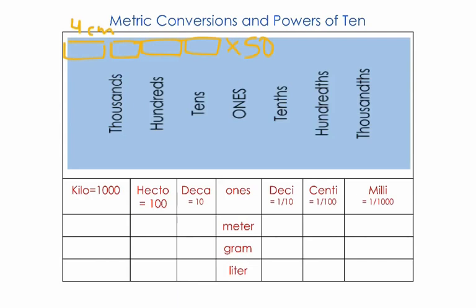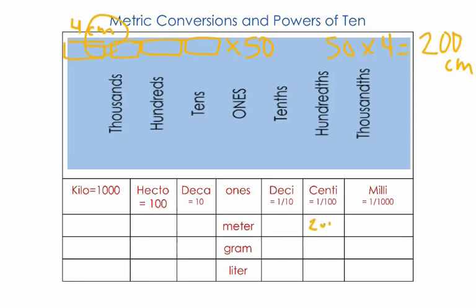If she has 50 of them lined up like this, and they're 4 centimeters long, to know how long all 50 of them are, I need to multiply 50 times 4, which equals 200, right? And we're talking about centimeters because we were talking about centimeters over here. So I know that I have 200 centimeters.